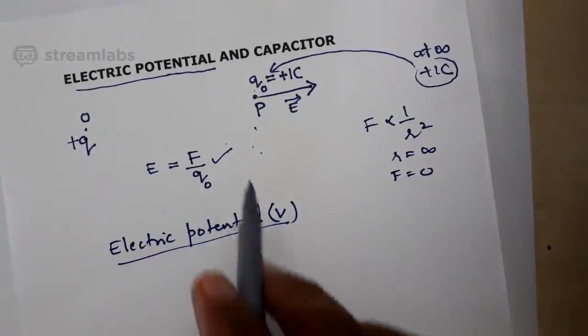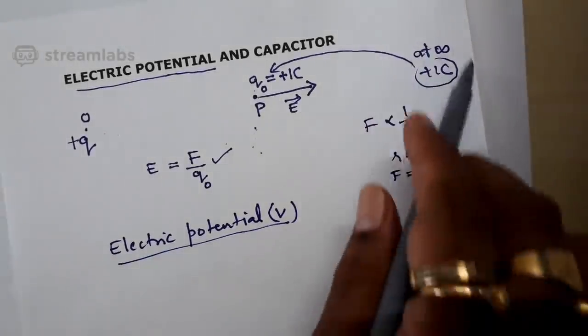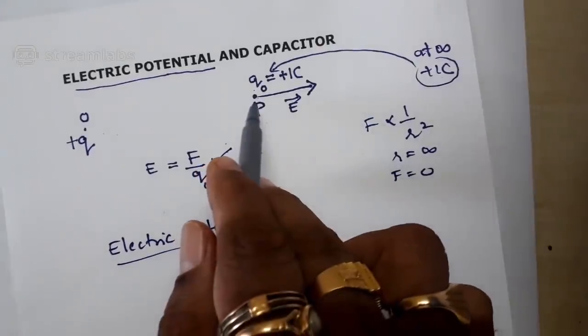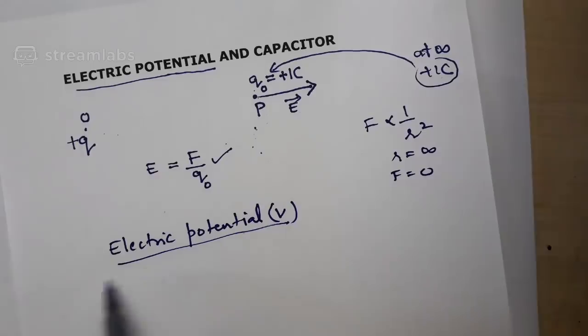See, I am stressing the words at that point. Whatever the amount of work is done in moving a unit positive charge from infinity to a point P against the electric field, that is a measure of electric potential at that point.